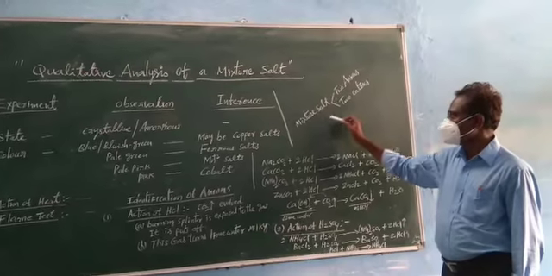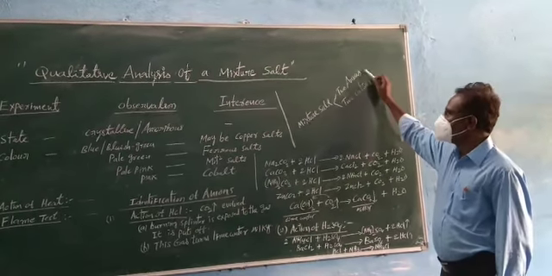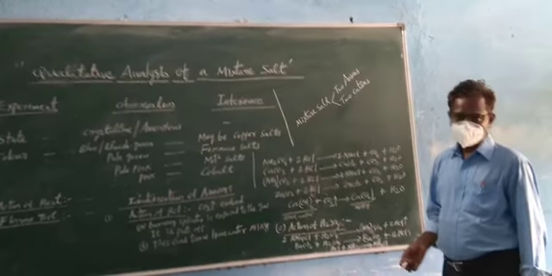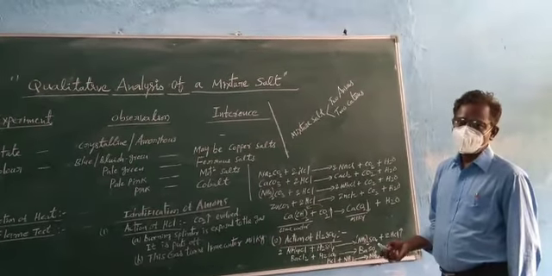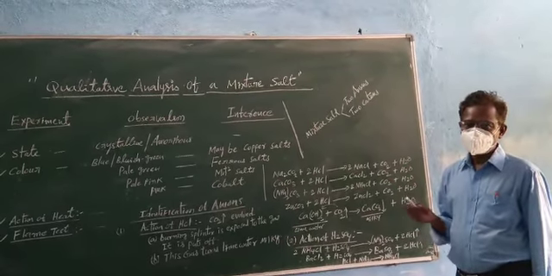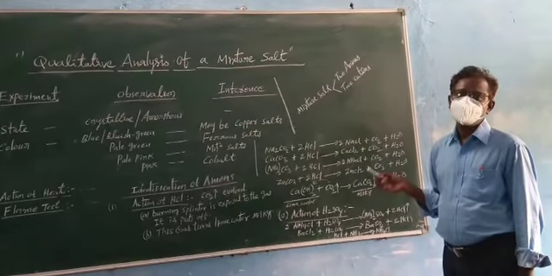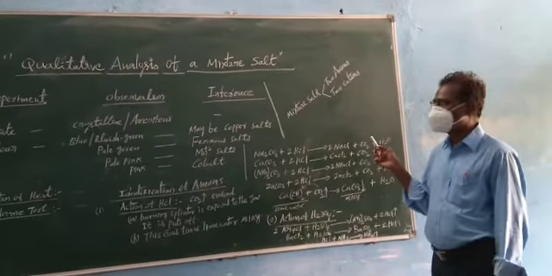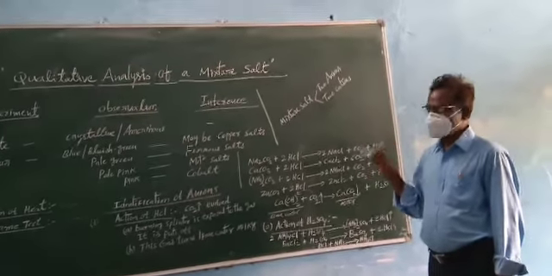Every mixture salt in general contains 2 anions and 2 cations. So we have to find out what the 2 anions and the 2 cations present in the given mixture salt are, while doing the experiment.